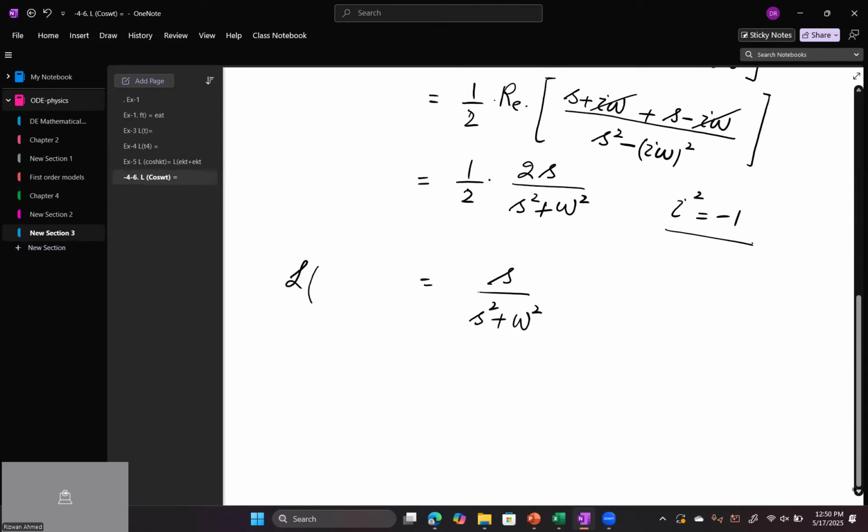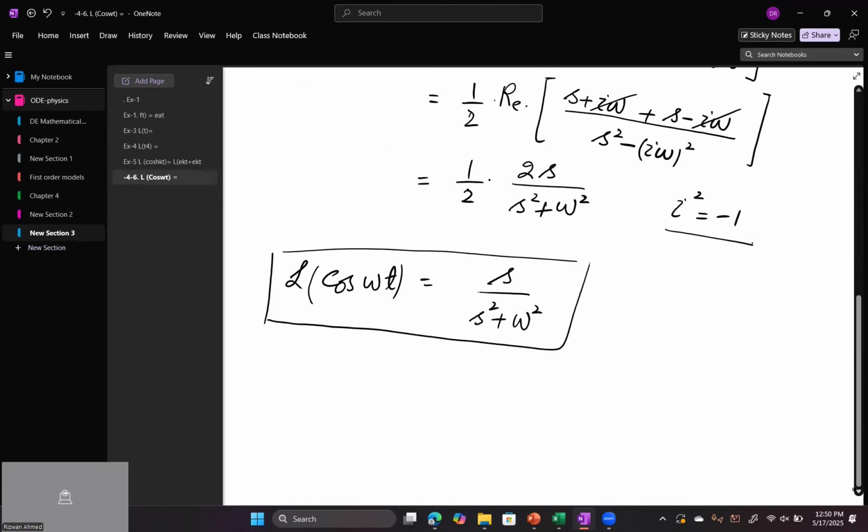This is the Laplace transform of cos of omega t. This is an analogous expression, with a slight difference, to the Laplace transform of cos hyperbolic of kt. In that expression, there was the minus appearing.